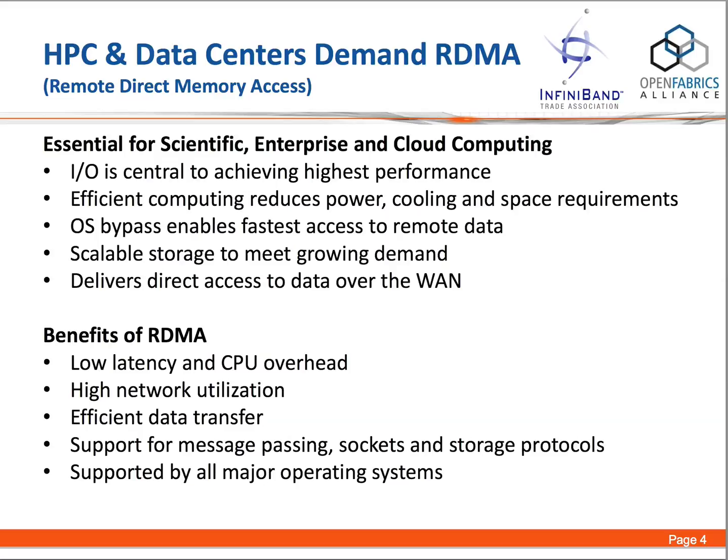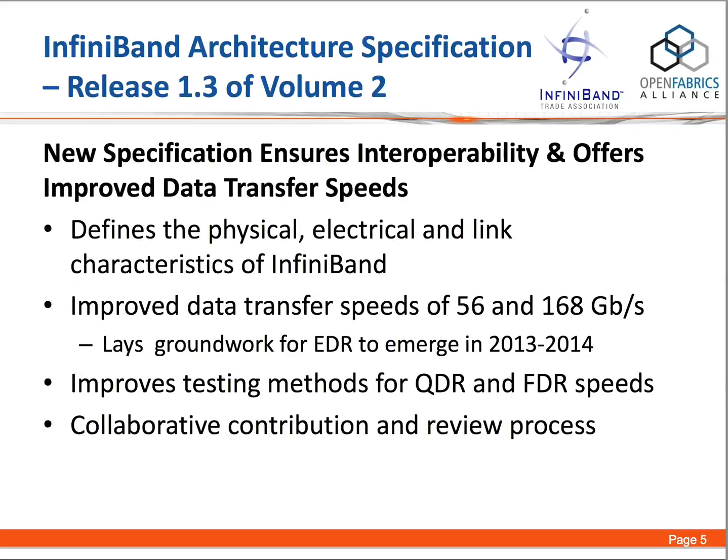On slide 5, this is the first piece of news that we wanted to let everyone know about. We recently released version 1.3 of Volume 2 of the Infiniband Architecture specification. This spec defines the physical, electrical, and link characteristics of Infiniband.